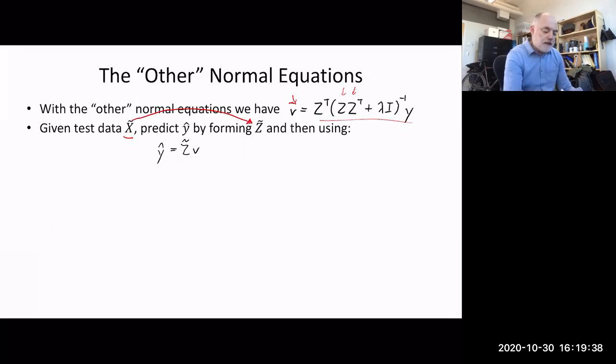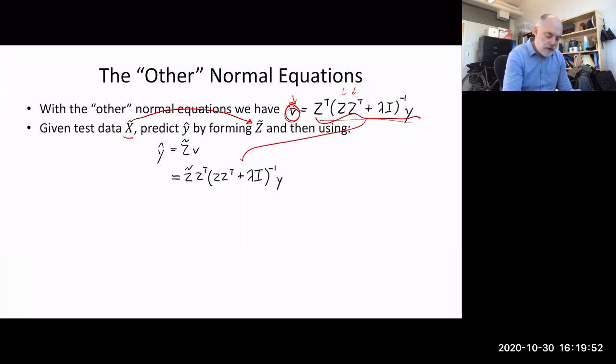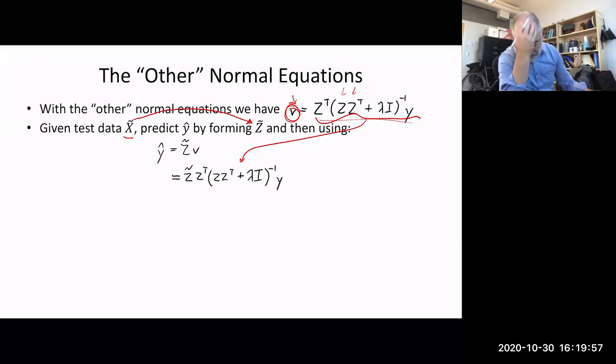And using z tilde and our learned parameter v, that's how we make our prediction y hat. Nothing new here. If we plug in the definition of v here, then we're going to recognize something, and this is basically the beginning of the kernel trick.